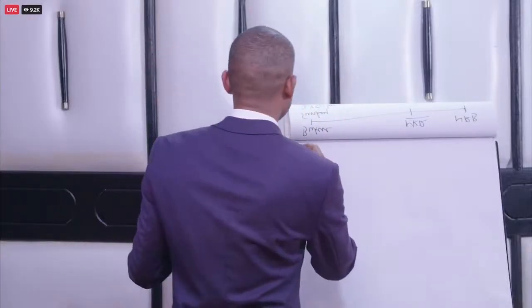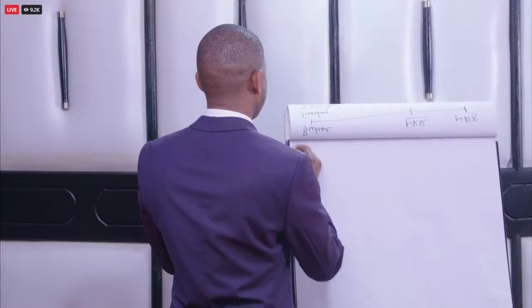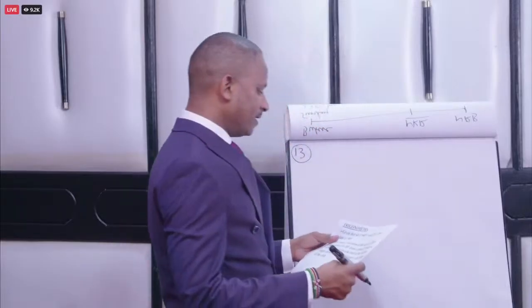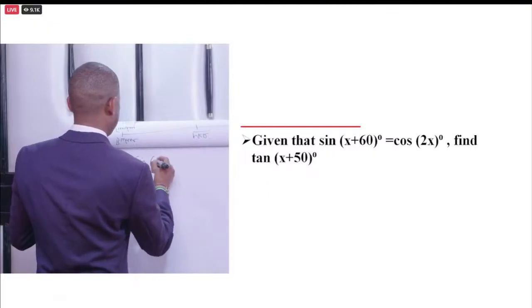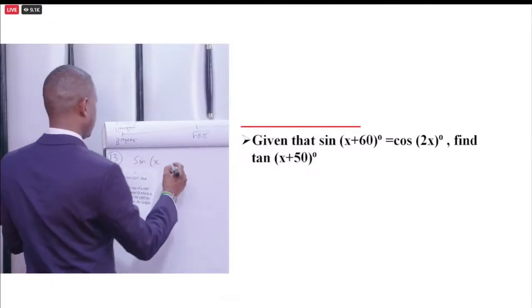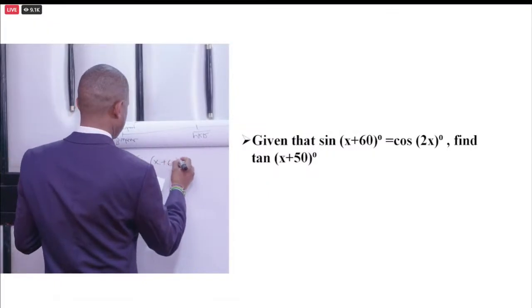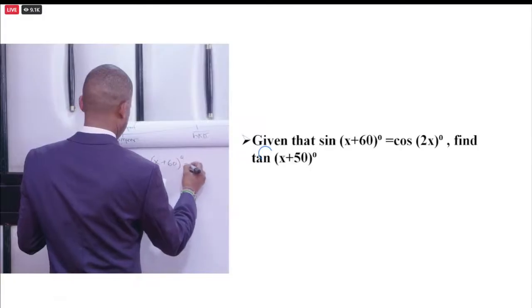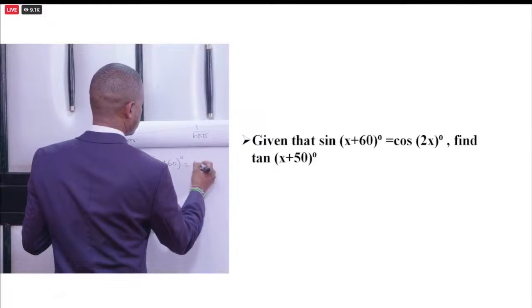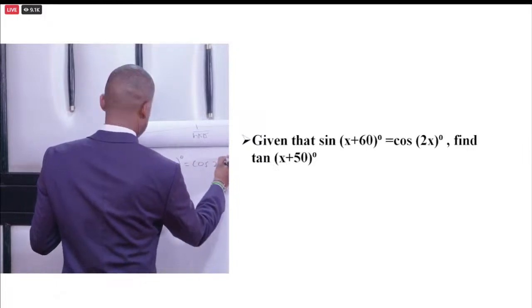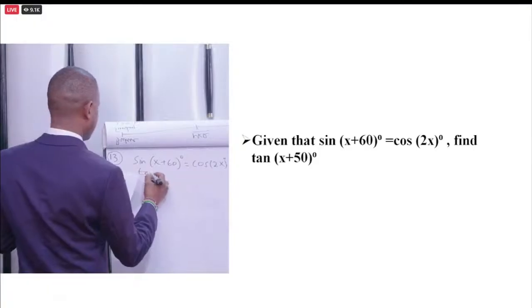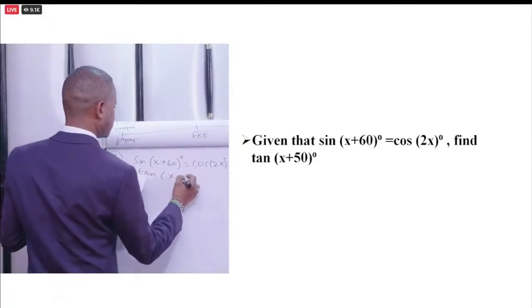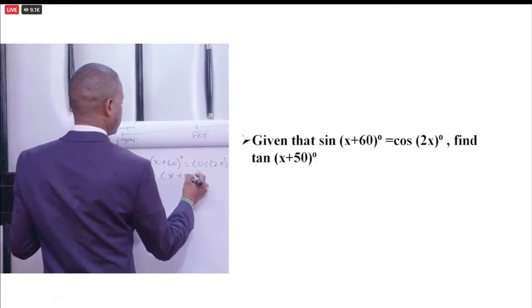Now, trigonometry question 13. Given that sine, this is called sine, not sin, sine of x plus 60 degrees equals cos 2x degrees. Find tan of x plus 50 degrees.